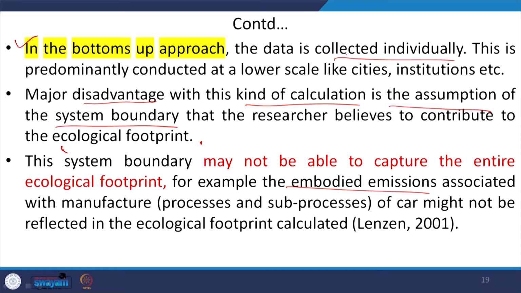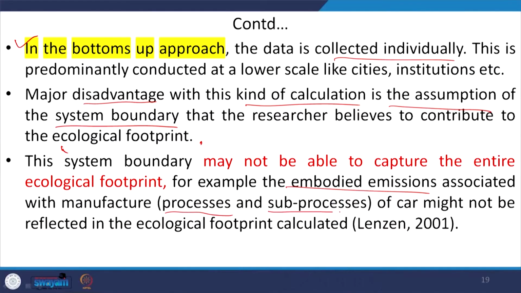So, here we simply say that this system boundary may not be able to capture the entire ecological footprint. For example, the embodied emissions associated with manufacturing of a car might not be reflected in the ecological footprint that is calculated. Again why?